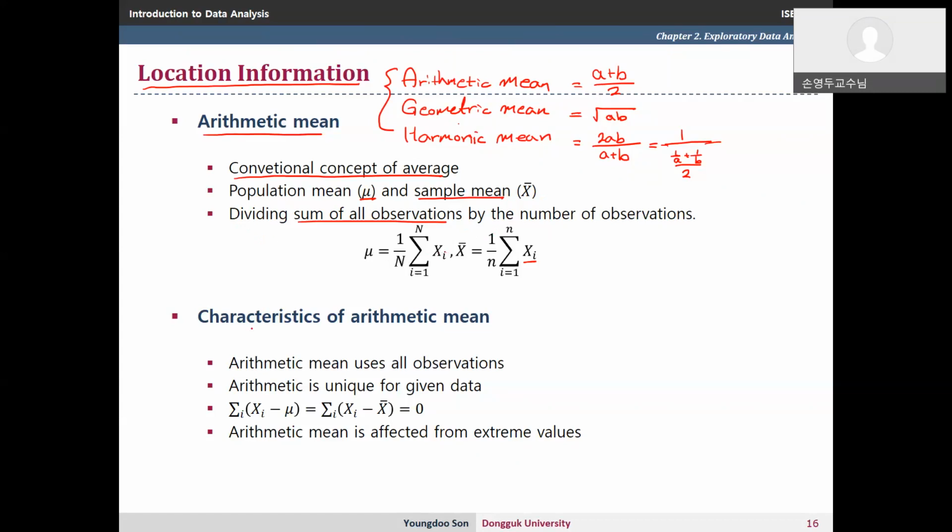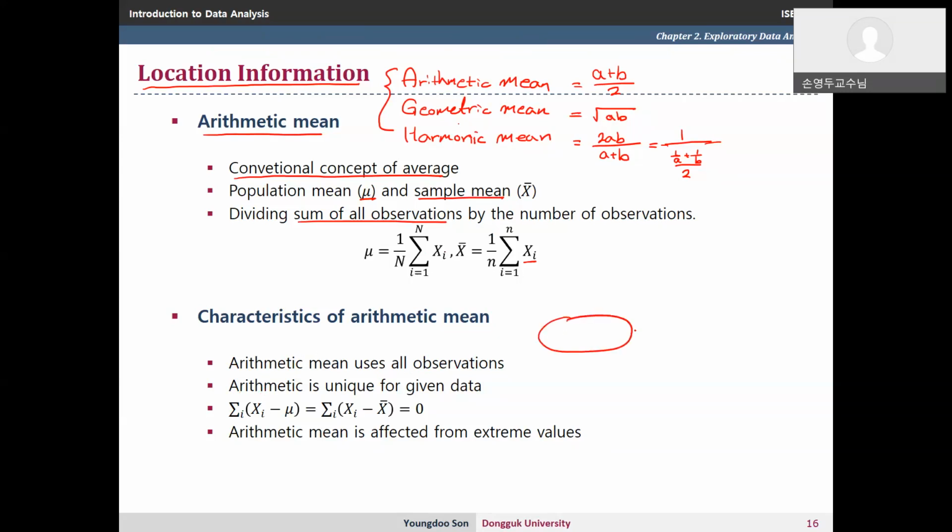There are many characteristics of the arithmetic mean. For example, it uses all observations. It does not omit any observation. In other words, it is affected by all observations. If one observation is changed, then the arithmetic mean also changes. And the arithmetic mean is unique for given data.